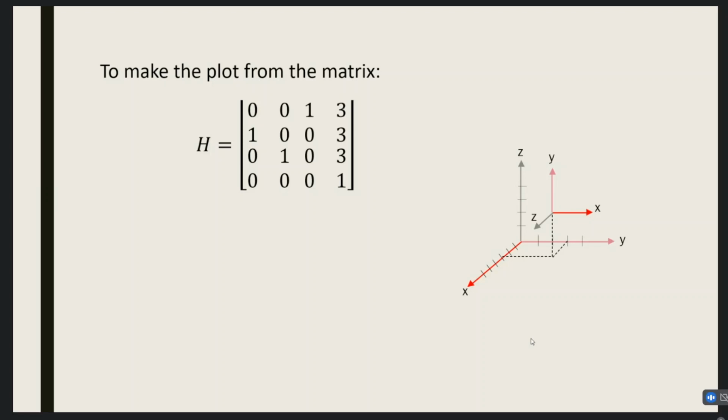Now, if we have a point, first we must find the position of the point by multiplying it with the rotation matrix. Then addition is done by components, that is, the x component of the translation with the x component of the rotated point, and the same with the y and z components.